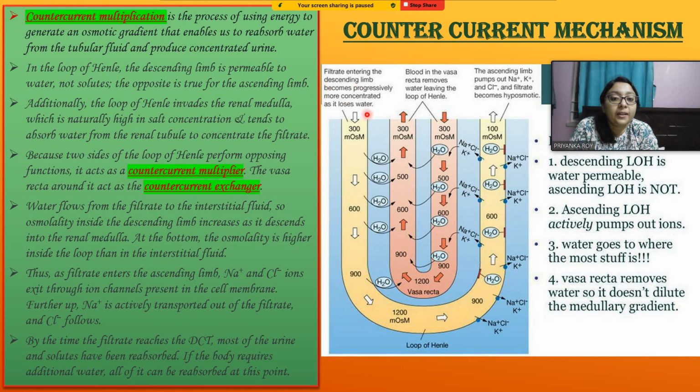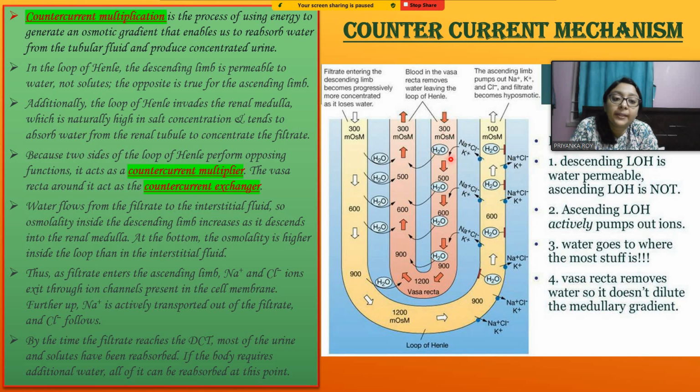So the filtrate that has entered becomes progressively more concentrated as it loses water, and then blood in the vasa recta removes the water from the loop of Henle, because this water comes out into the interstitial fluid and the vasa recta takes up this water from the interstitial fluid. Here the vasa recta will become dilute by taking up water and going up.